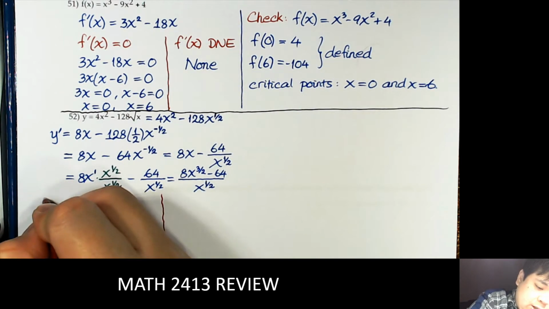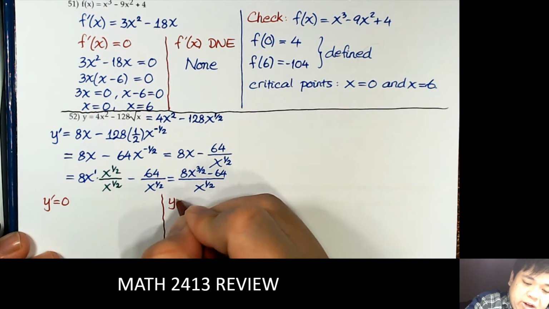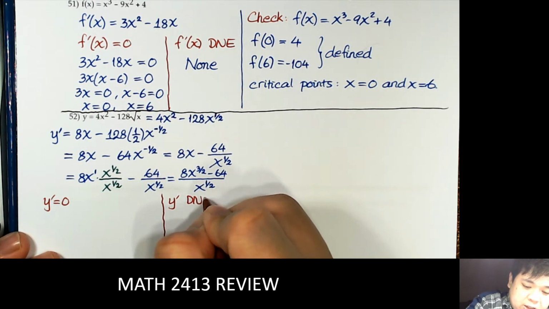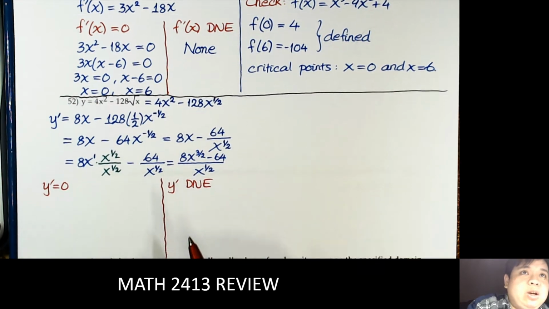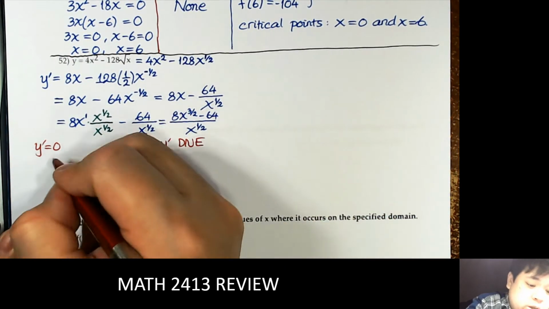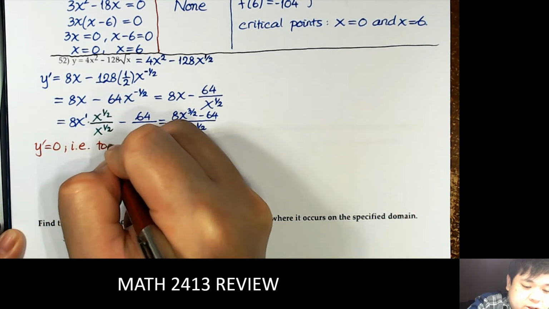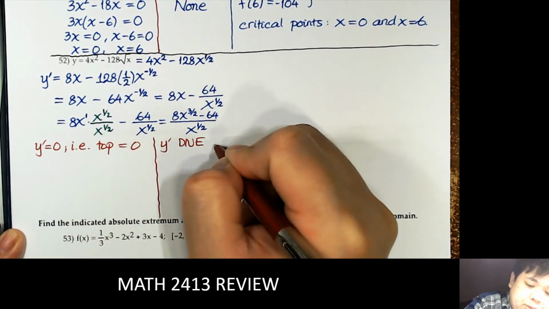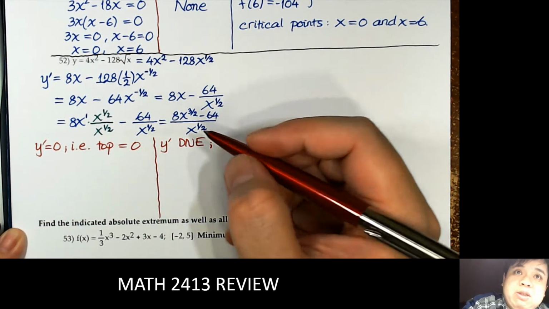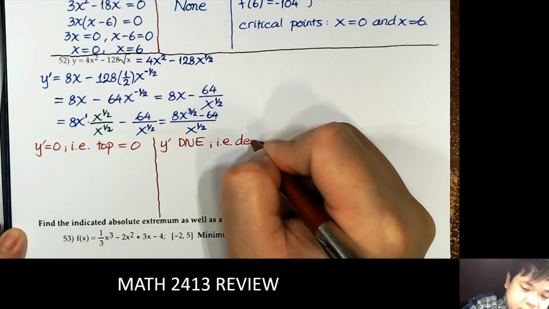So the derivative equals 0, or the derivative does not exist. The derivative equals 0 where, for a fraction, the top equals 0, and the derivative does not exist where the denominator equals 0.